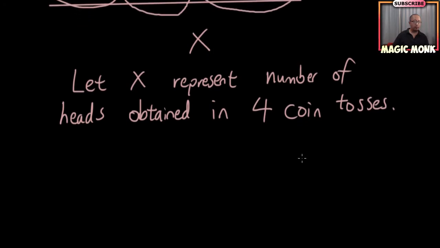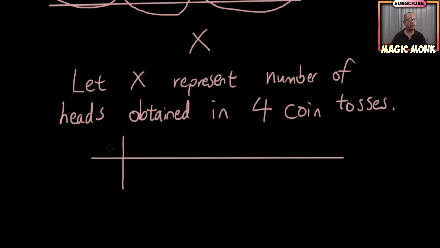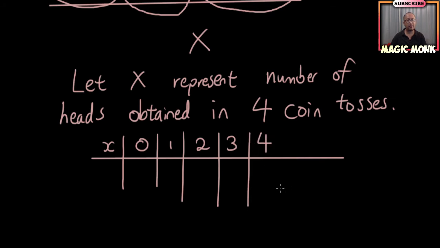You can draw up a little table. X can be: you can have no heads, 1 head, 2 heads, 3 heads, or 4 heads, can't you?